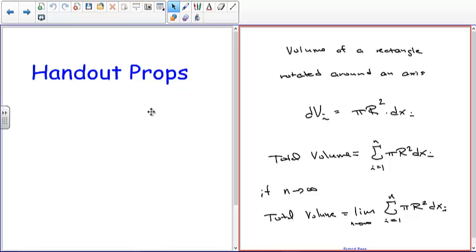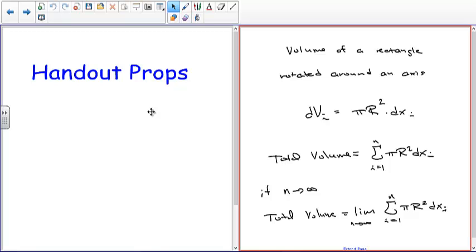Using the formula for the volume of a disk, it's going to be pi times r squared, which is the area of the circle, times the width of the disk. In this case, instead of being W, it's just dx, which is the differential. It just means it's a really small thing. So the total volume is we just add all those disks together. How do we represent addition?